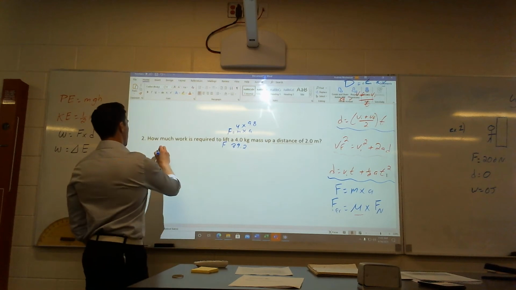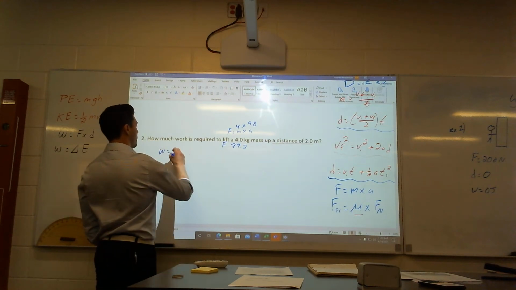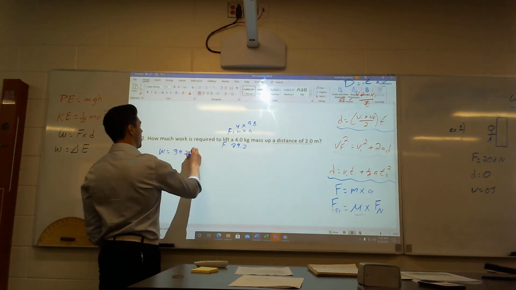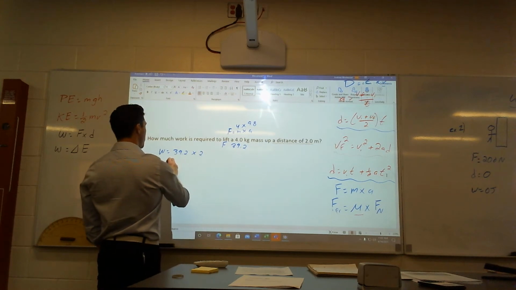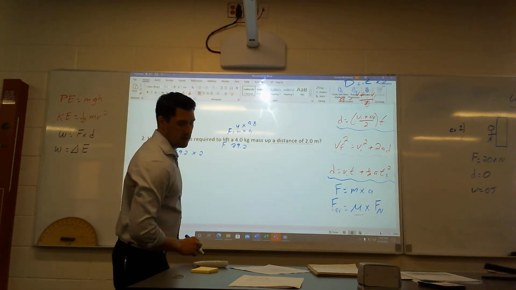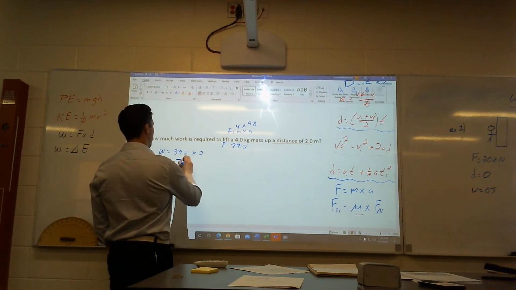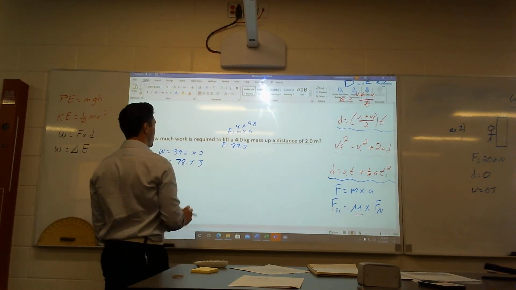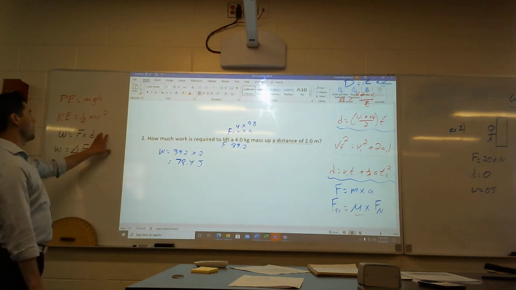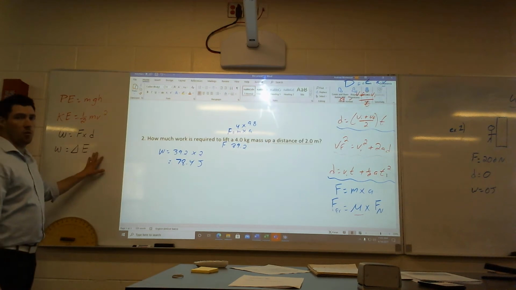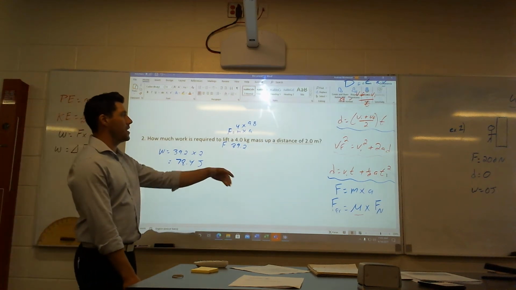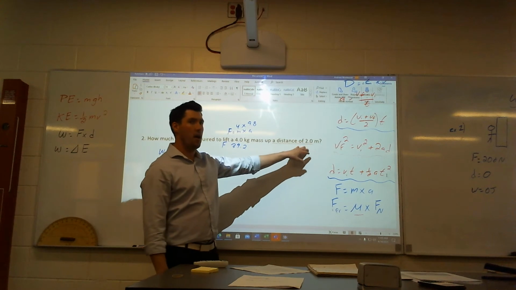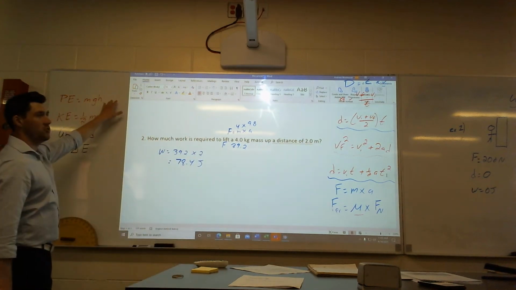So let's do that. Work equals my force, 39.2 multiplied by 2. And I get an answer of 78.4 joules. So that's the way to use this part of the formula. You could also use this one though. What is the change of energy? If I'm going to get it to a distance of 2 meters, I've changed the potential energy.